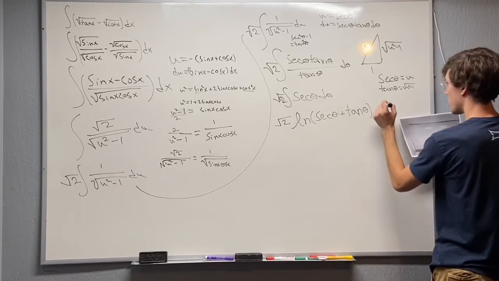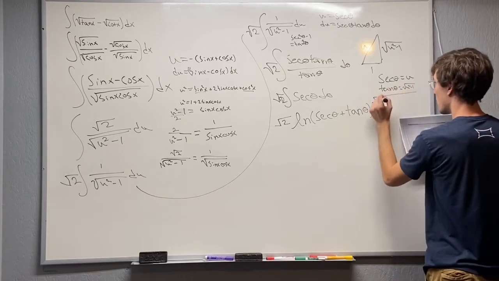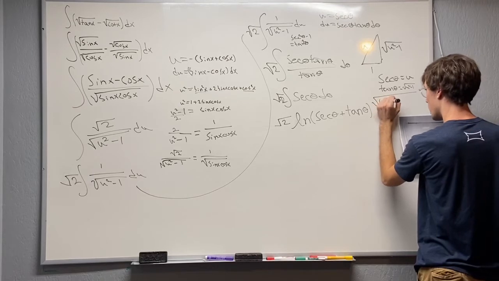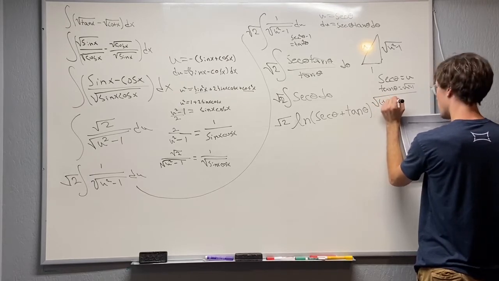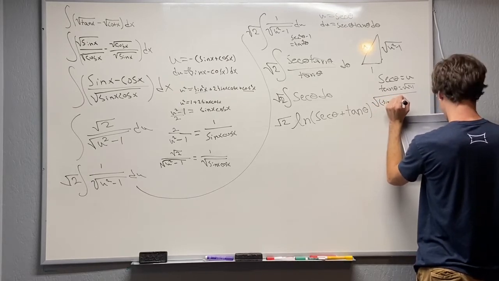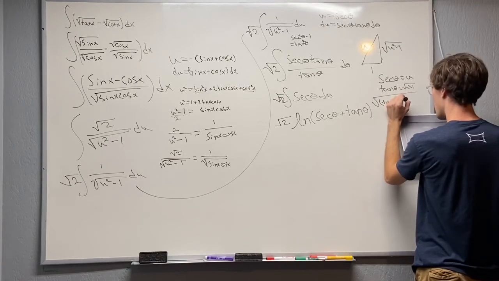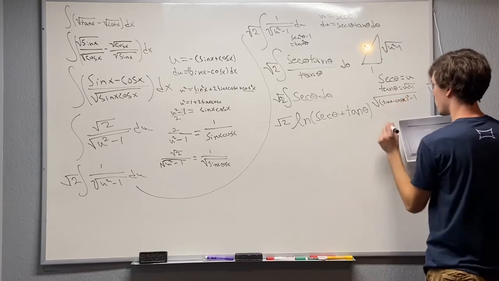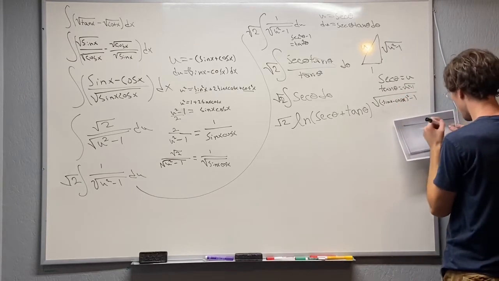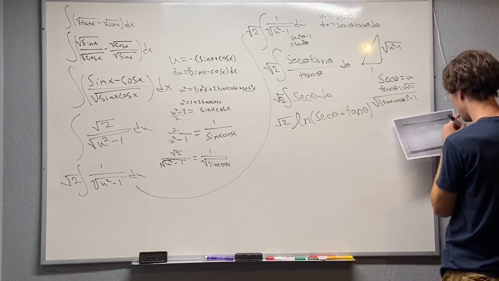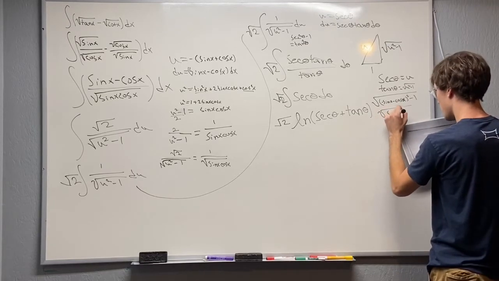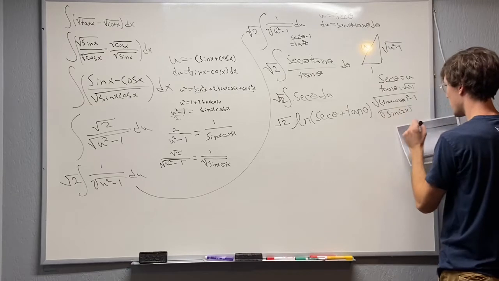So we're going to get the square root of the negative sine of x minus the cosine of x squared minus 1, which is going to equal the square root of the sine of 2x.